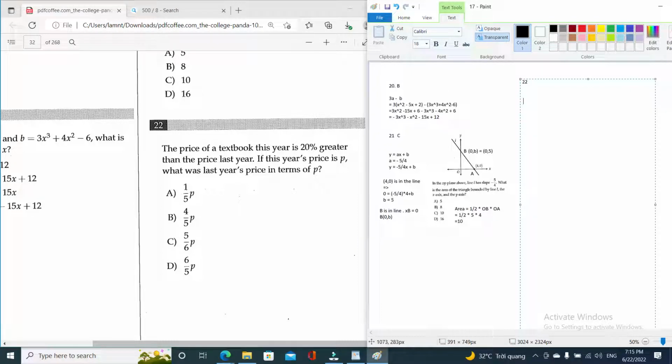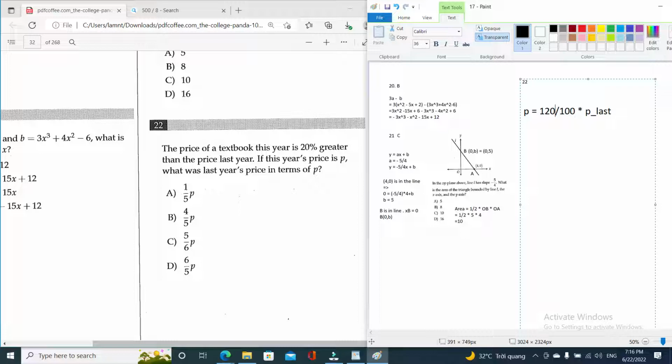So this year's price is 20% greater than last year, so it's 120% of last year's price.